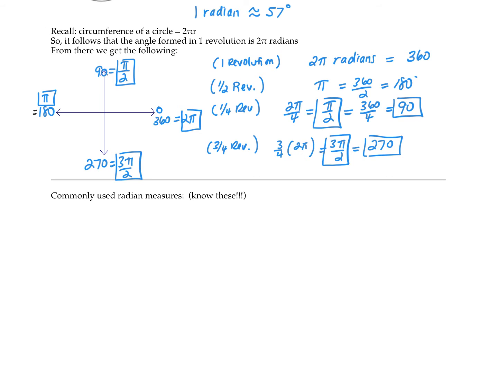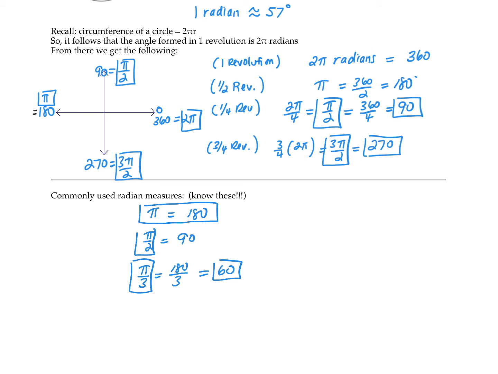Okay, so again, if we start with pi being equal to 180, we learned that if we divide by 2, we get pi over 2 is 90 degrees. So that's one that we should know. If we did pi over 3, that would be 180 over 3, which is 60 degrees. So this is another one we should know.